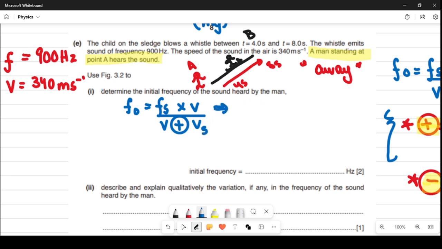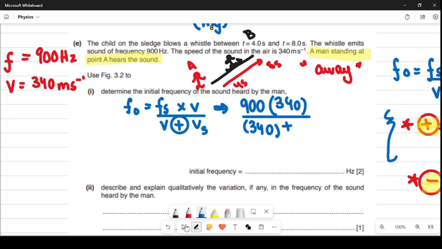Plugging in the values, frequency of source is 900, velocity of sound in air is 340, velocity of sound in air is again 340, and velocity of source from t equals 4 till t equals 8.